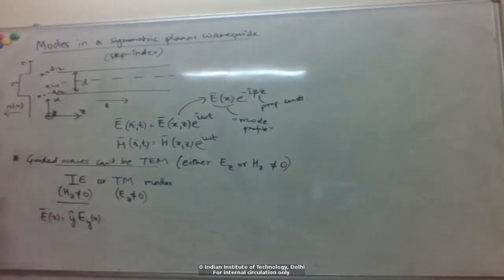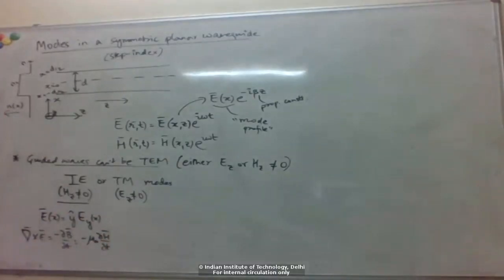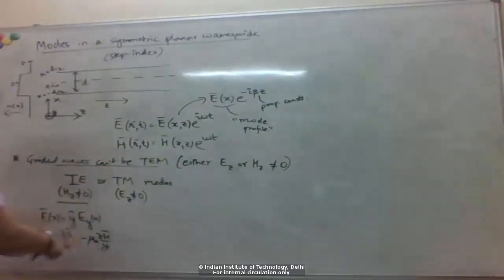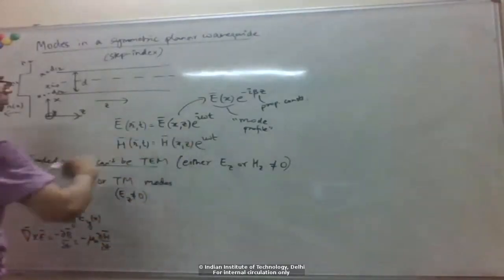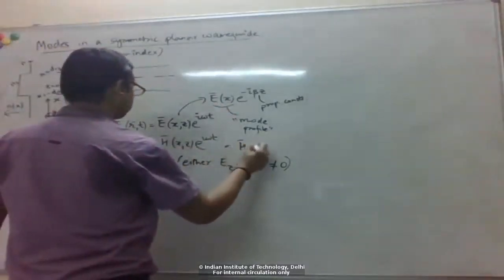But now if you use Maxwell's equations, so we use del cross E, starting from this you can use this Maxwell's equation to get H. So when E and H are of this form, E and H are of this form.